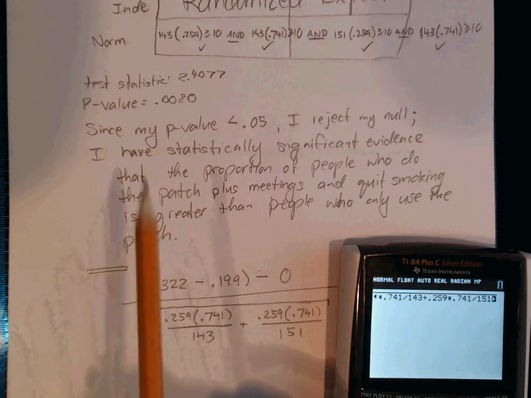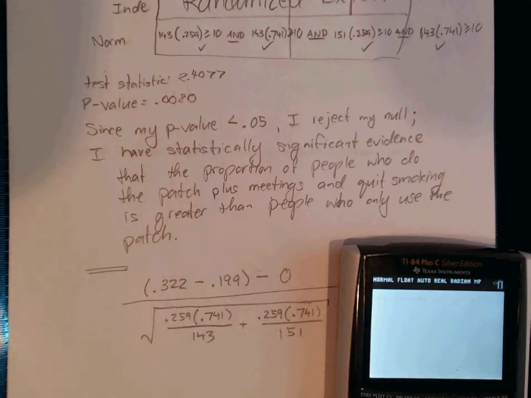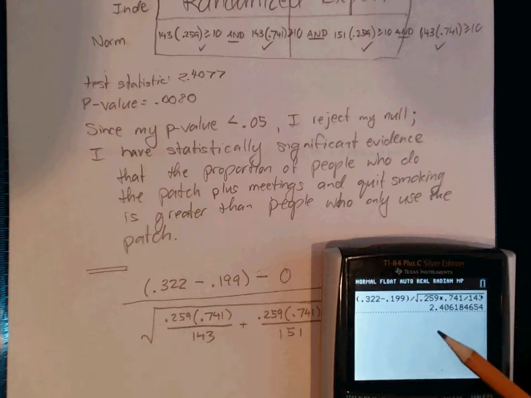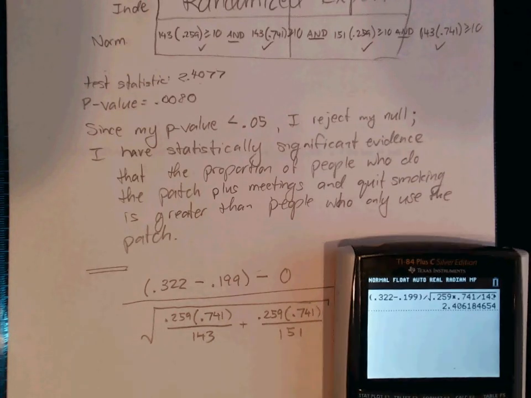Your calculator did not round, but the test statistic should be remarkably close. So we're getting 2.4062. So the difference begins in the third decimal place. I rounded to the third decimal place, so I'm not really too shocked here. So that is how you do a hypothesis test for a difference of two proportions.